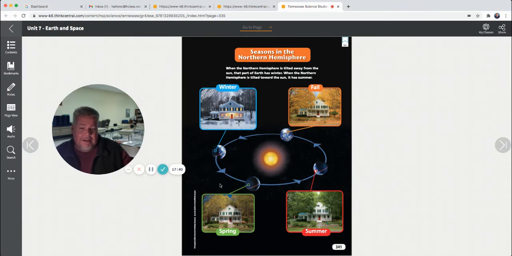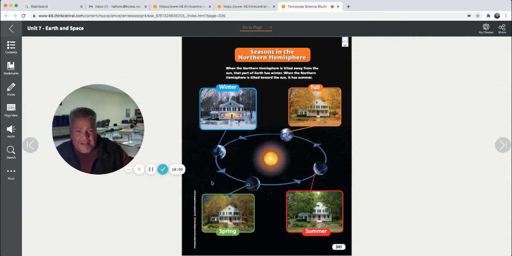And then it starts tilting back towards the sun slowly and starts warming up in the spring until it's all the way tilted toward the sun. And then it's summer again, and then it starts tilting away from the sun, and you get the idea, right? So that's what causes seasons: the tilt of the earth and where it is in its revolution around the sun.